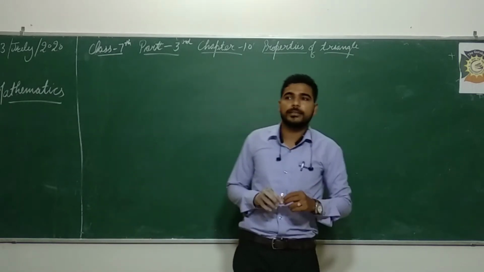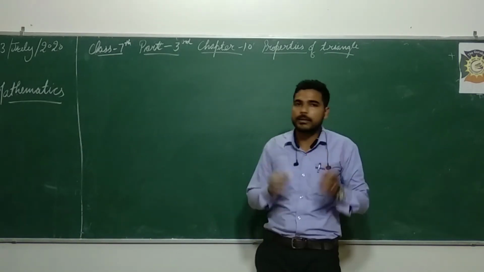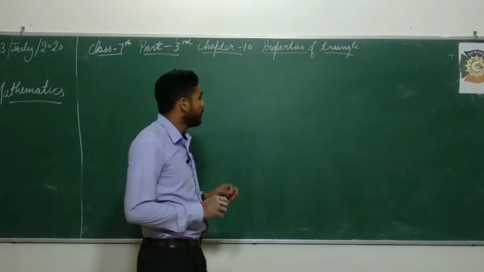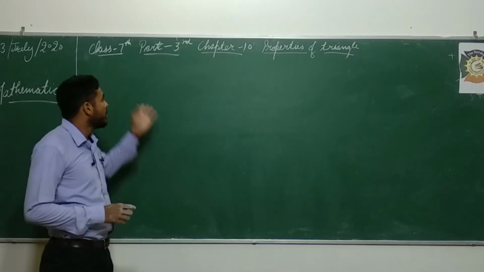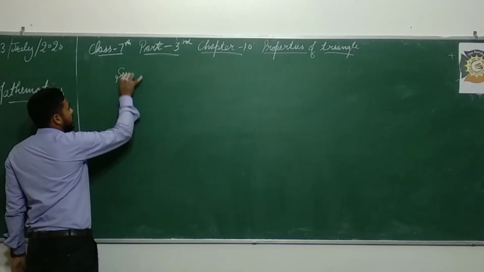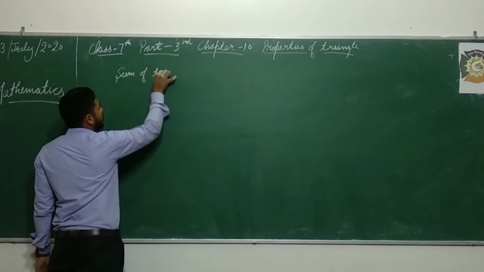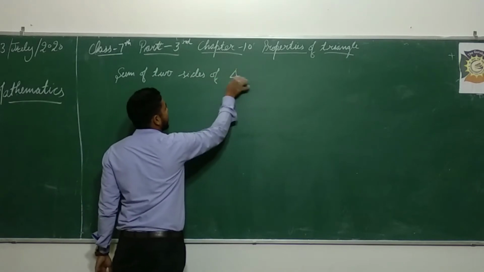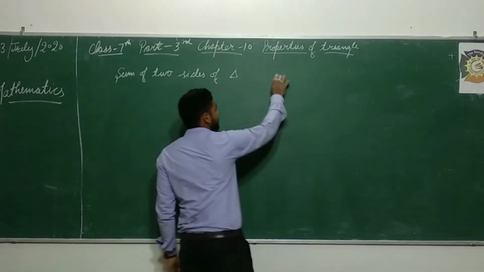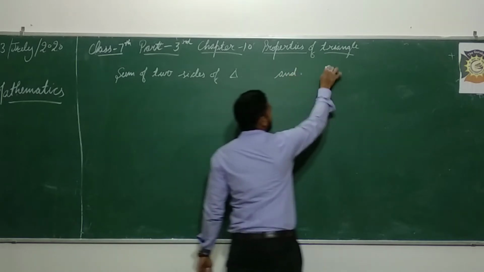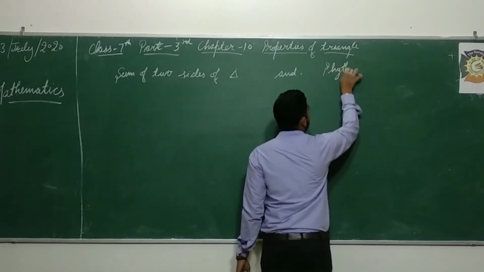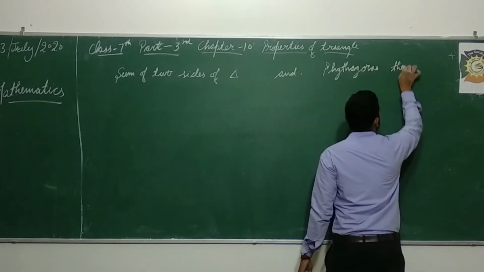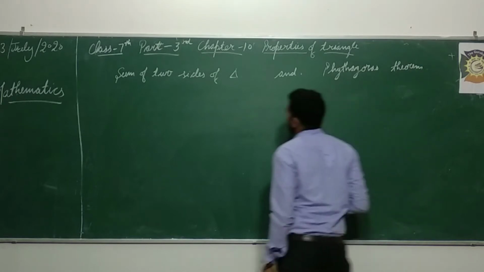In the previous lectures, we discussed the angle sum property of a triangle and the exterior angle property of a triangle. Today we are discussing the sum of two sides of a triangle and the Pythagoras theorem in a triangle.